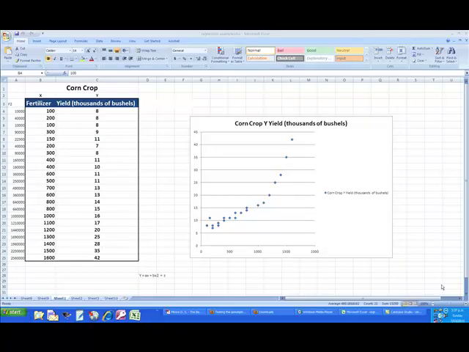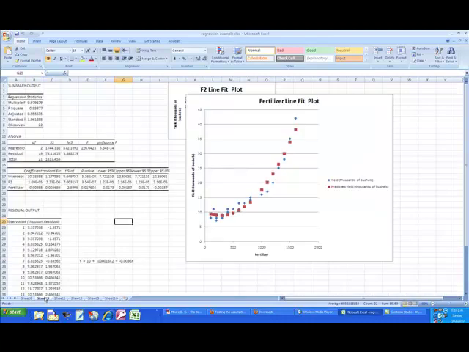Okay, let's go back to regression for a moment. In the last regression we did, we took this data and we tried to fit a curve like this to the data.